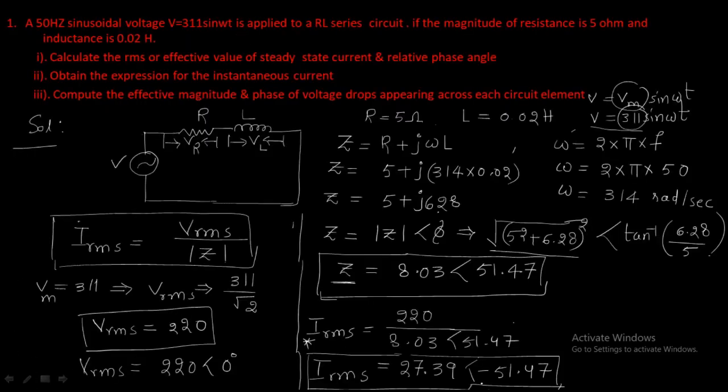What about the RMS value? We already got the RMS value as 27.39 into root 2. By doing this, we will get 38.73. What about the phase angle here? The phase angle is generally 51.47, right? But we already got the phase angle value as minus 51.47. Just directly substitute that.